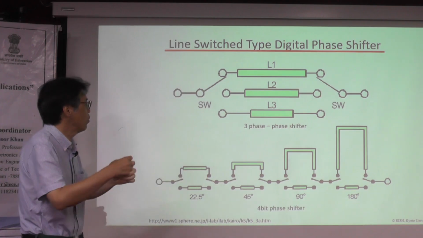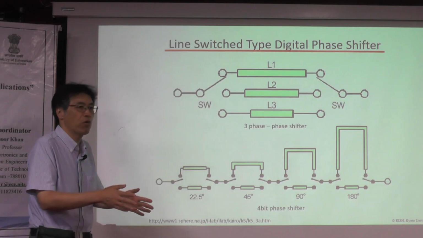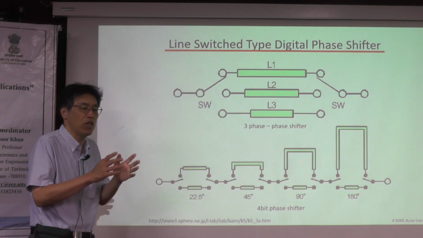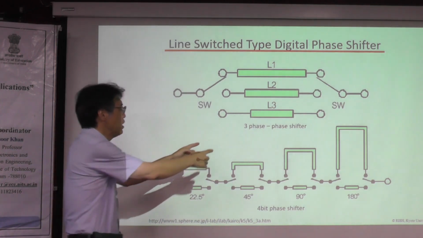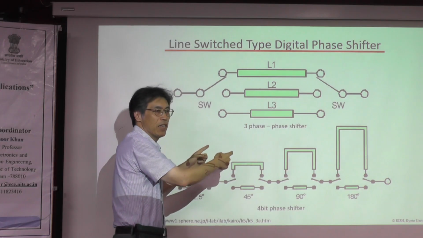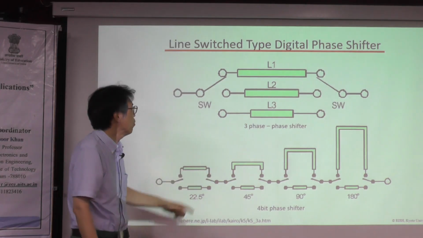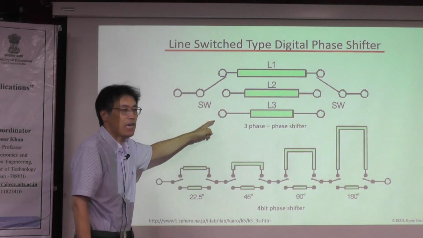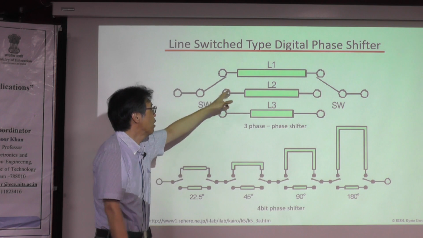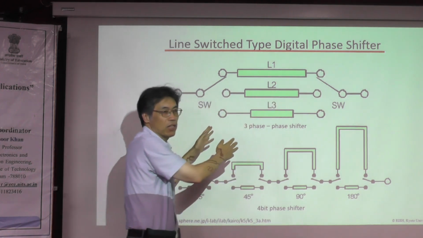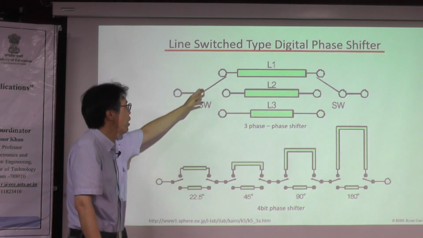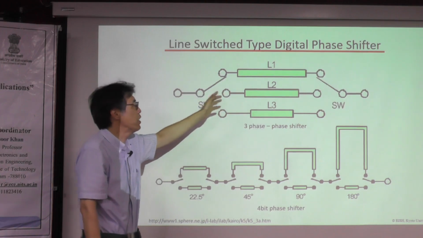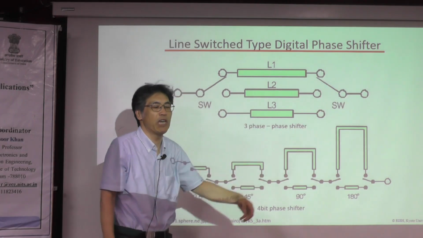It means that when we control the phase of each radio wave, the easiest way to change the phase is to change the length of the propagation line. So we install the switch, sometimes a pin diode or other, and each line has a different length. So when we control the length of the line, we can change the phase of the propagating wave.